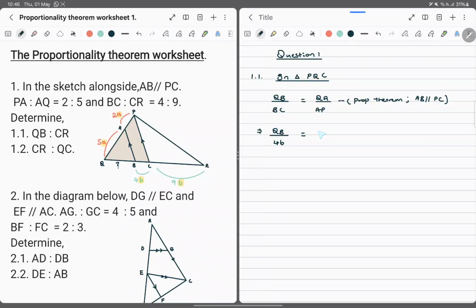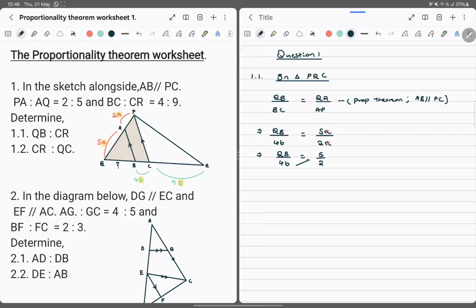So QA, we saw that it's 5A divided by AP, which is 2A. Now the good thing is that the A's will essentially divide to 1, and 1 doesn't change that ratio. So what do we see? We will see that QB over 4B is just 5 over 2.